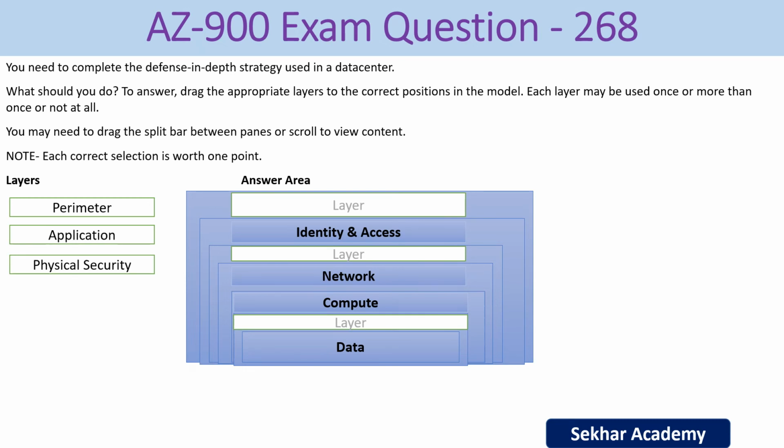So you need to build the right strategy to implement any data center here. First is the physical security layer, then identity and access, then perimeter, then network, then compute, then application, and the last one will be the data. That's the strategy you have to implement when you need to deploy in a data center in the cloud.